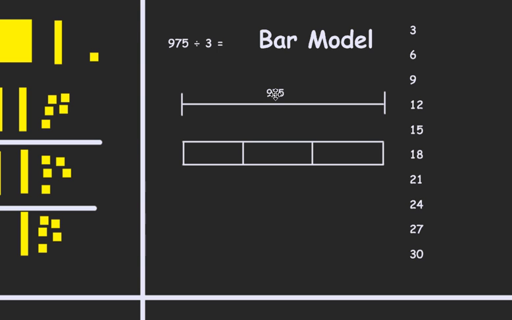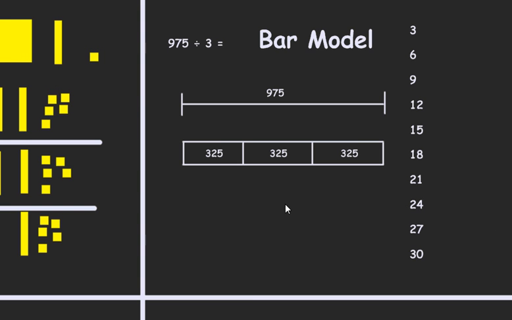But again, if this was 24, I could look at my multiples. Oh, 24 is a multiple of 3. It takes 1, 2, 3, 4, 5, 6, 7, 8, and 8 would go in each one. Now for 975, you would have to count it out, and it would take a while to realize, oh, it's 325 in each one.